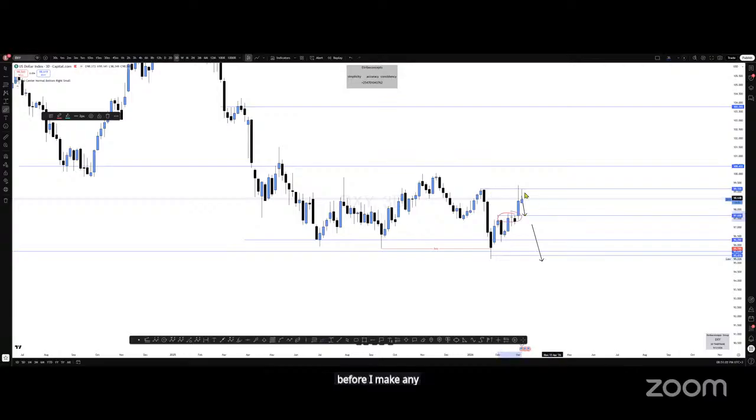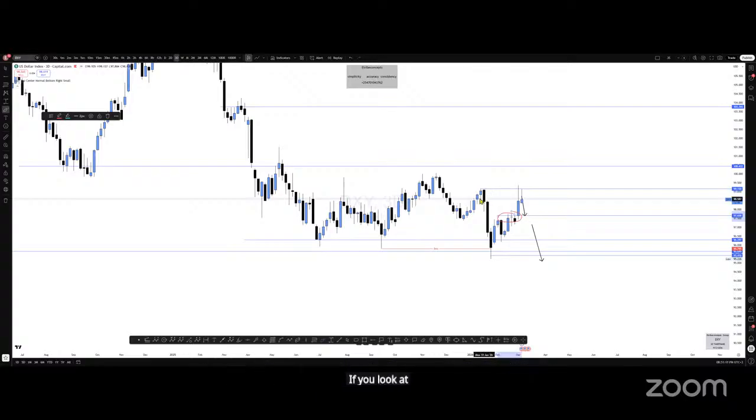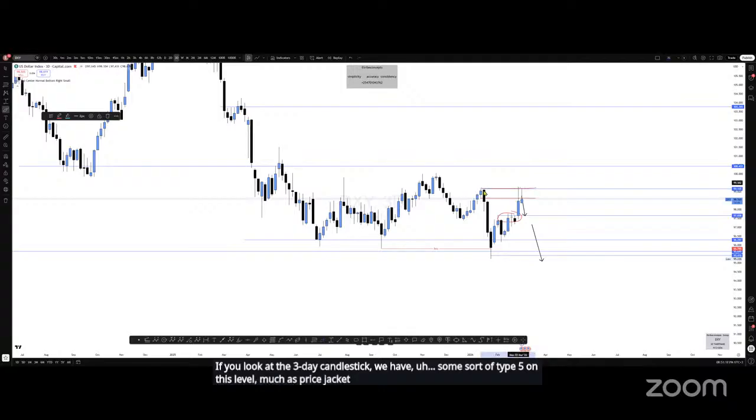But at the moment, I'm looking forward to see dollar pushing lower. If you look at the 3-day candlestick, we have some sort of type 5 on this level, much as price reacted above it. So we have some sort of type 5 here. Then we have, of course, validation.